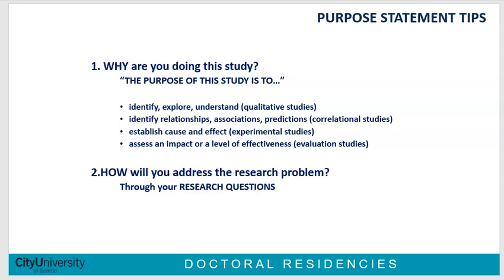Those are more quantitative or correlational studies or experimental studies. Maybe the purpose is to assess an impact of something. That's an evaluation study. So again, the type of verb that you use in your purpose will trigger what type of methodology and design you're going to use. And that is the essence of what alignment is about.